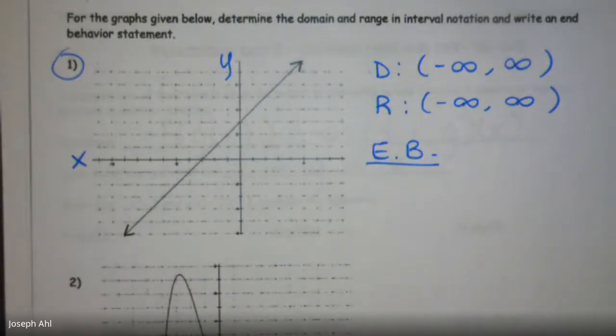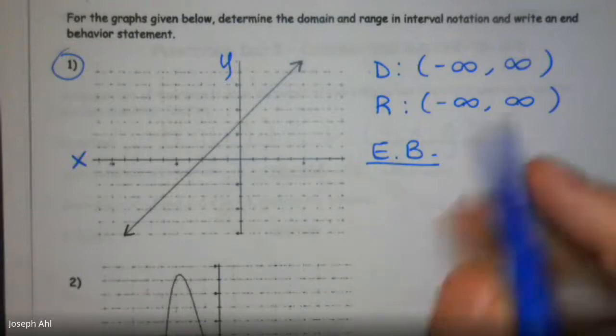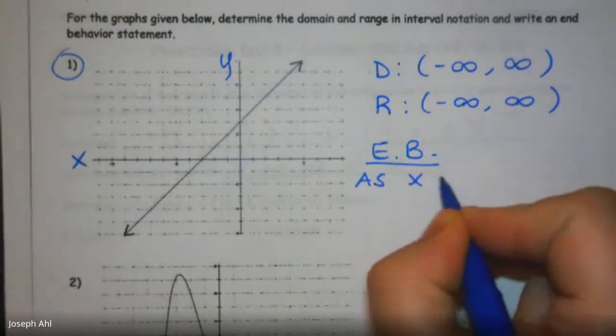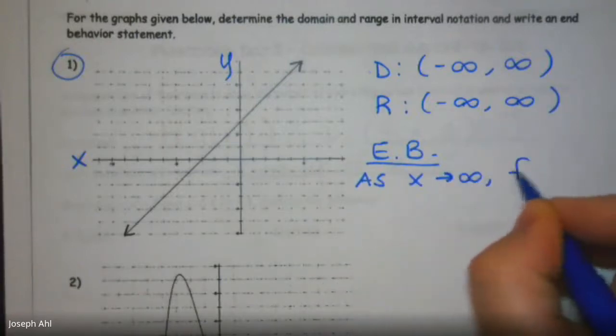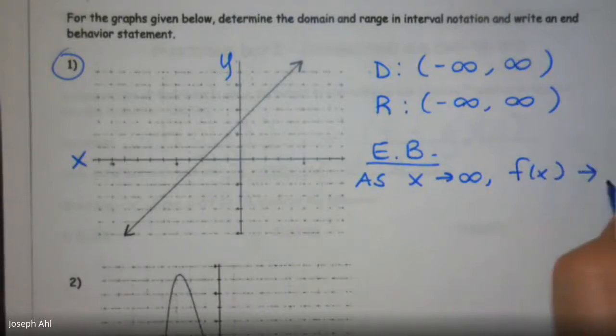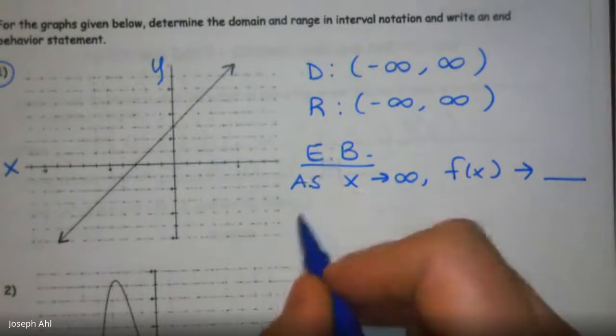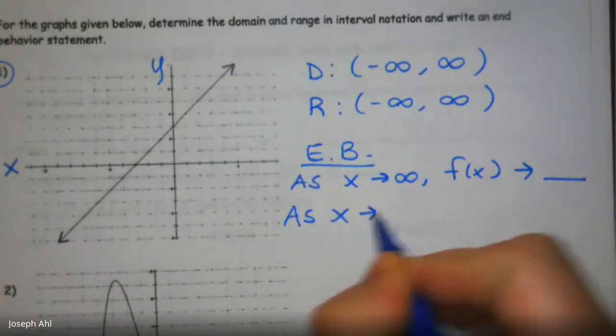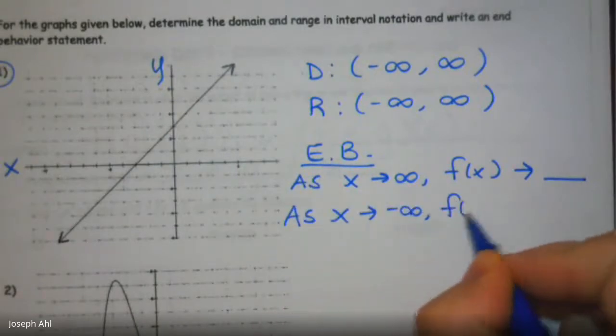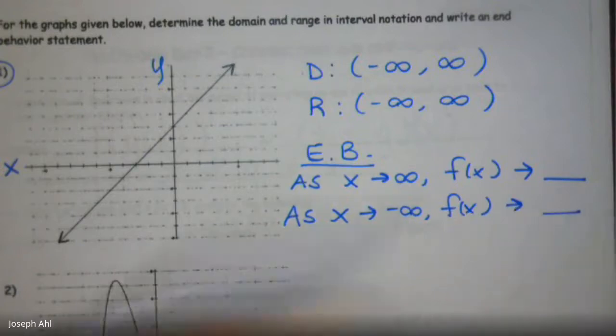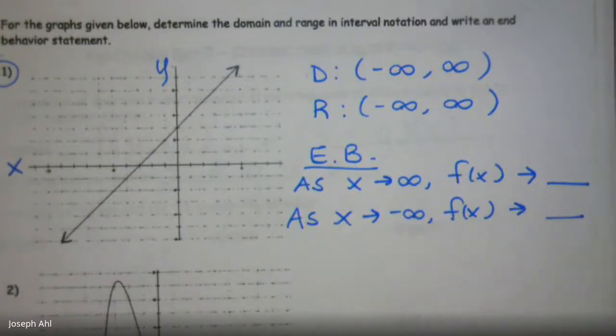Finally, when we get to the discussion of end behavior, it's as x goes to infinity, what does f of x go to? And then on the other hand, as x goes to negative infinity, what is f of x headed towards? So it's almost a statement that you'll have to memorize to a certain extent.